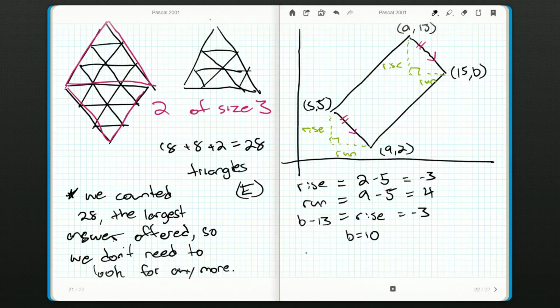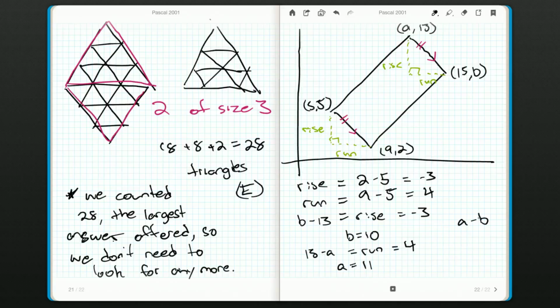And then the run is going to be the same as 15 minus a, and we worked out that that's 4. So we could quickly rearrange, bring the 4 over to this side, the minus a over to this side. We get 15 minus 4 is equal to a, or really a is equal to 11. And we're asked for a minus b.